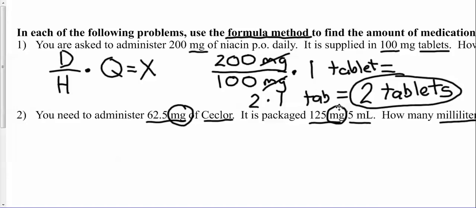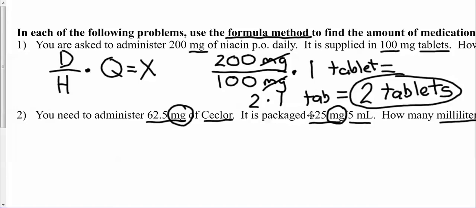So we're asked to administer 62.5 milligrams, but we know it's packaged so that there's 125 milligrams in every 5 milliliters. So we're not even going to need 5 milliliters, because that would give us 125 milligrams, which is too many milligrams. So our answer should be less than 5 milliliters.